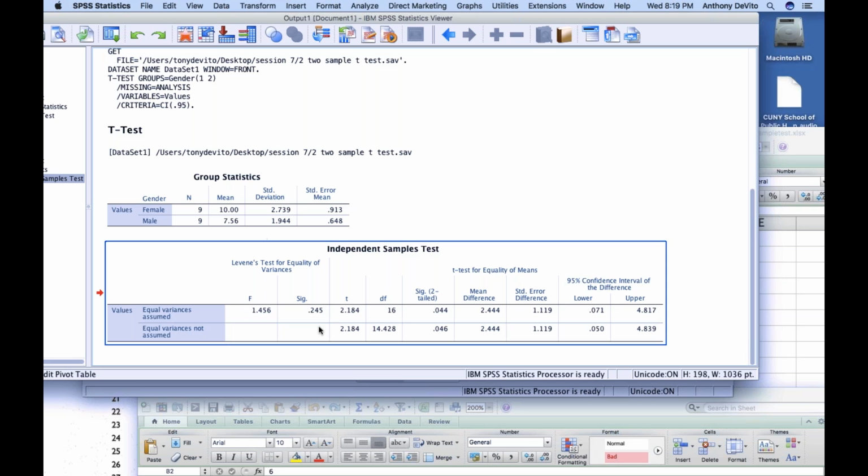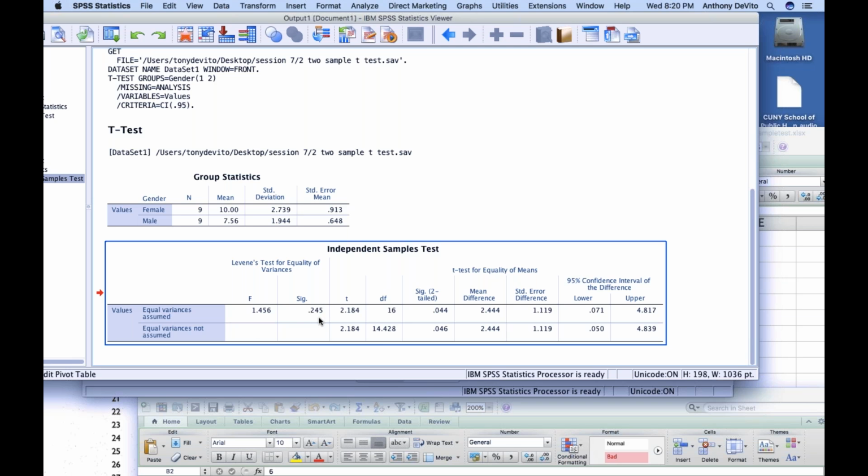This box over here, this 4x4 box right here, is titled Levene's Test for the Equality of Variances. There's a statistic score, it's 1.456. Don't worry about that particular number. But next to it is a significance, or a p-value, just like we use with the other tests.